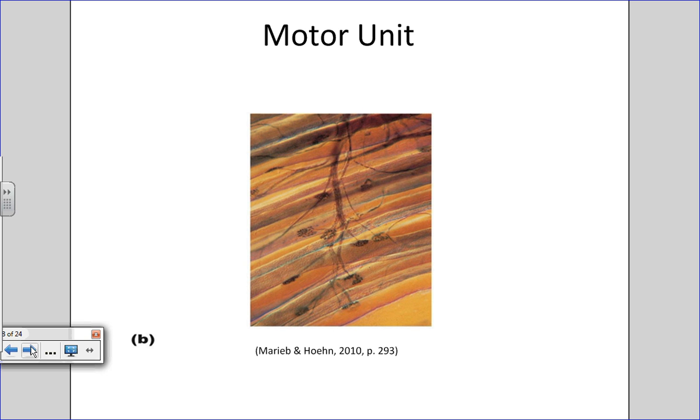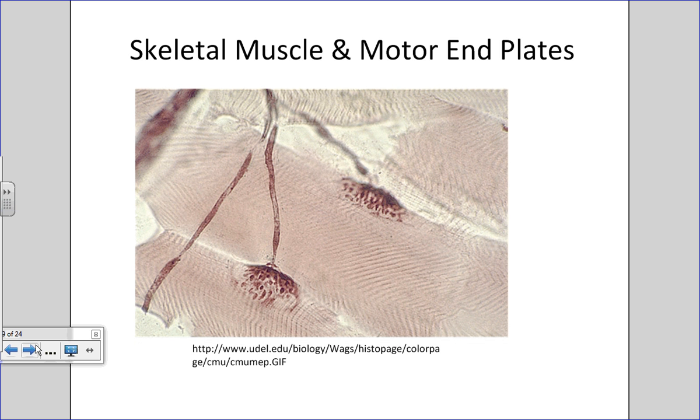Then here are just some other images of motor units. Here's more of a close-up, so you can see this nerve coming in, and all the muscle cells it's innervating. It's kind of cool, actually. Then we can take a look at this here off of the histology website. Again, you see this nerve coming down, and you see the synaptic terminals branching off from the main axon.